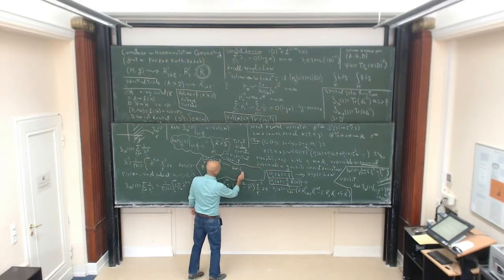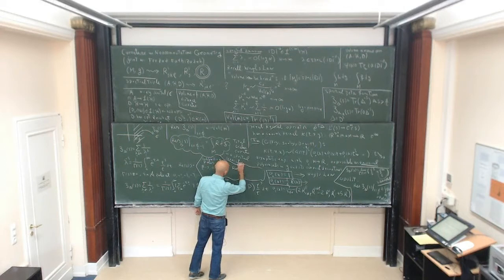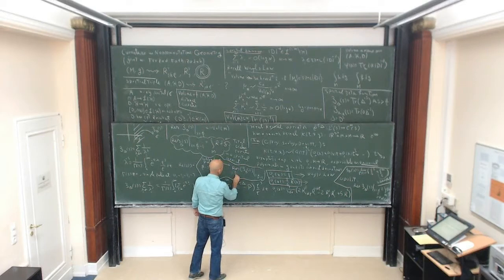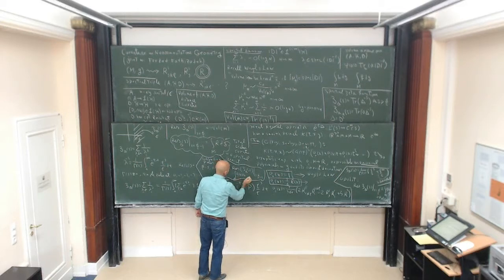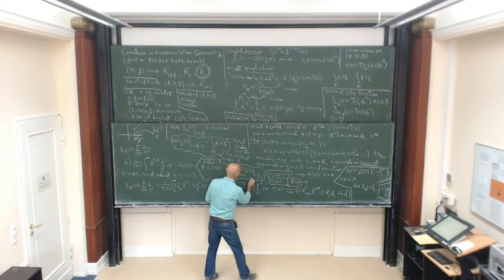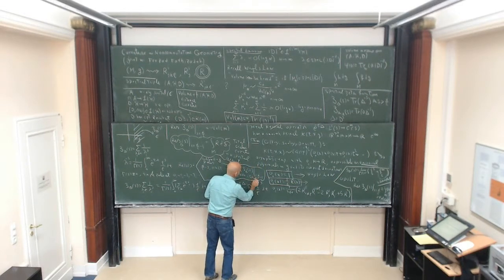So the residue at s equal to d over 2 minus 1 is the integral of a1(x) dg over M. But that's really the total scalar curvature, or 1/6 of it, we know that. So this is total scalar curvature up to some universal constant.